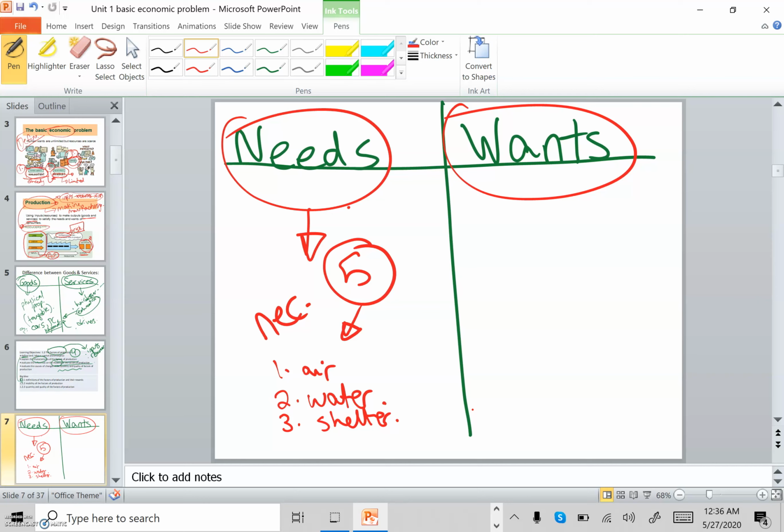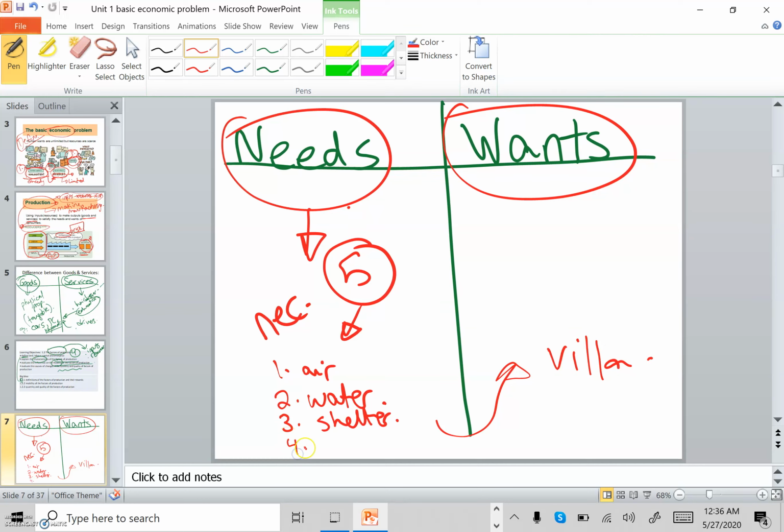It's a shelter, so it becomes a need. When I'm living, for example, in a 2-bedroom apartment, if I tell you I want to move to a villa with pool and gym facilities and so on, it would become a want. So these are 3 basic needs that we cannot argue about.